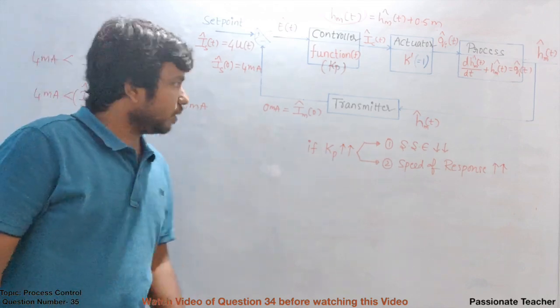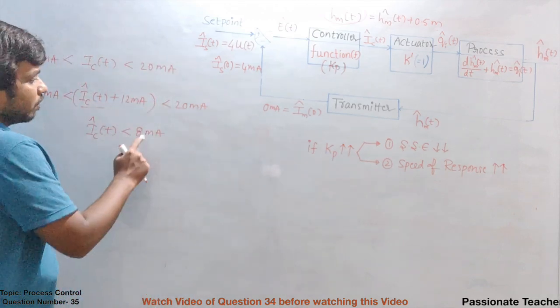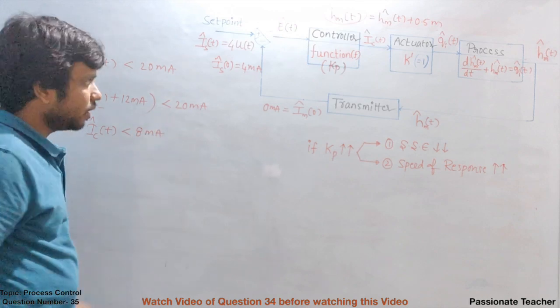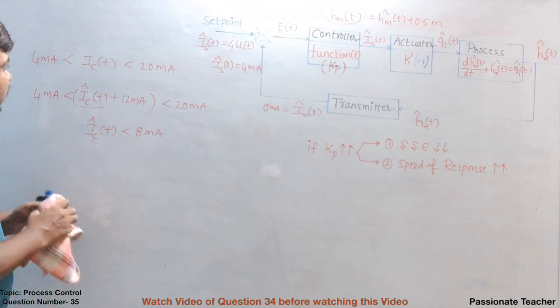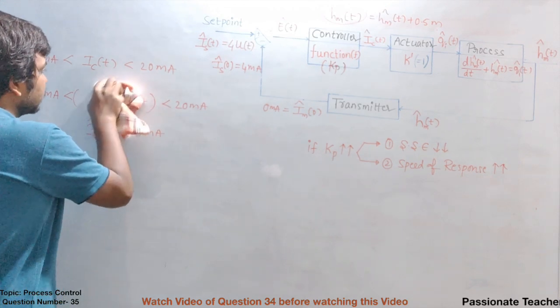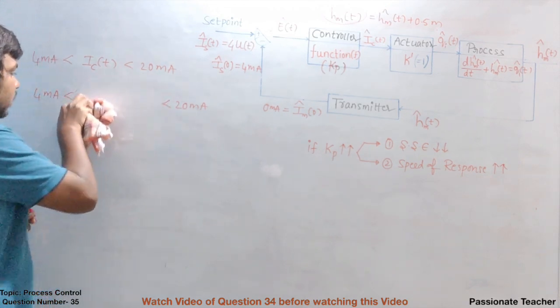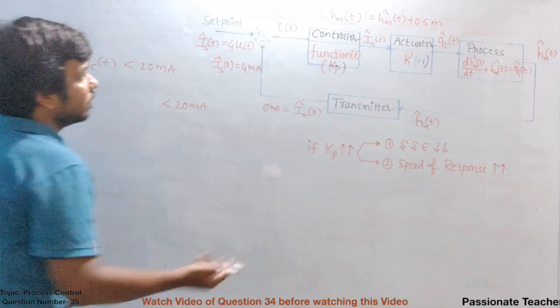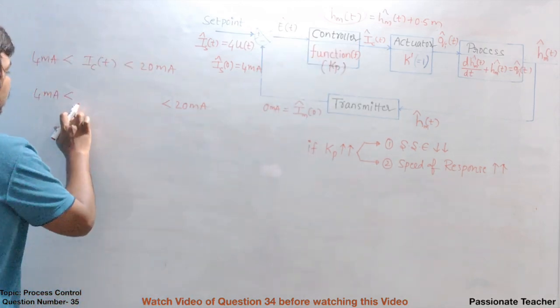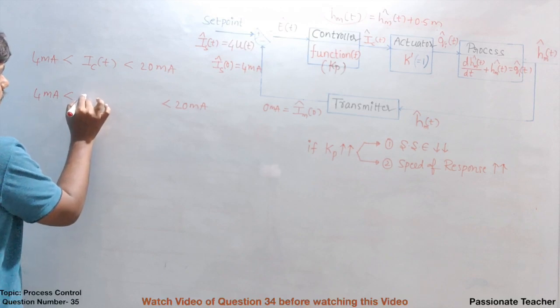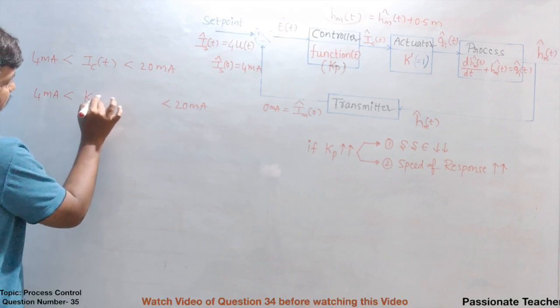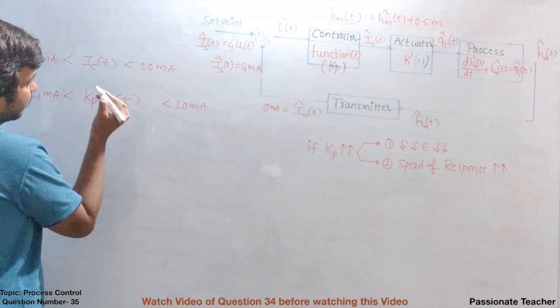Clear? So that means there is some constraint with the error band actually. Or else you can look at the same thing in a different way. We know that this IC of T can always be written as the controller gain Kp into the error E of T. Correct?